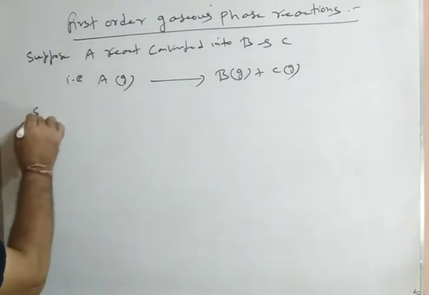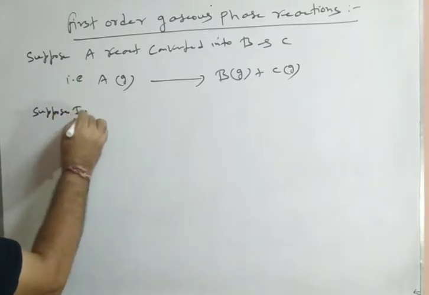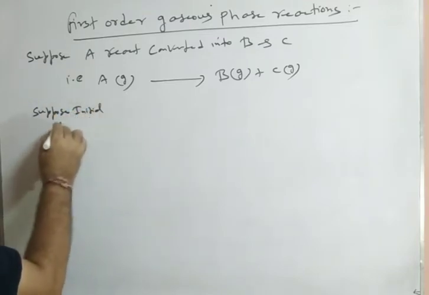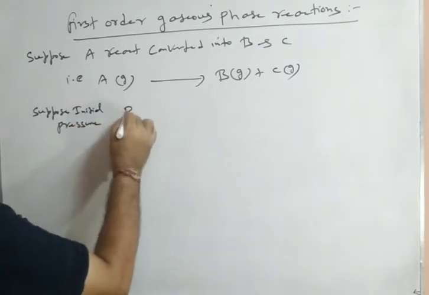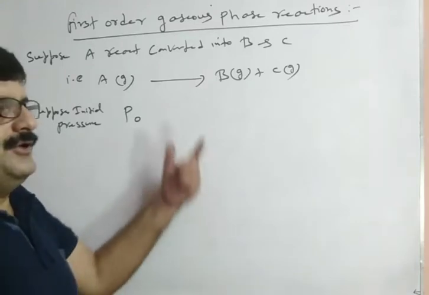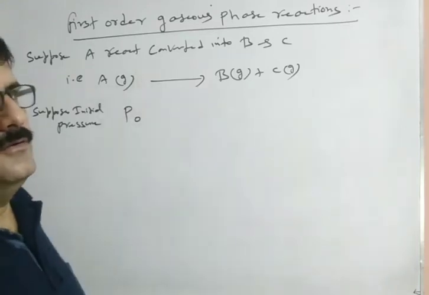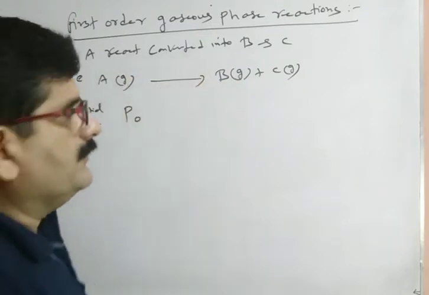Suppose the initial pressure of A is P0. When the reaction has not started, that is only reactant is present, then the pressure of product becomes what? 0.